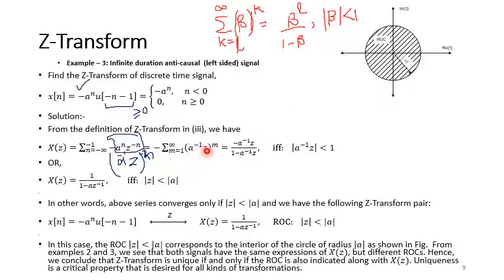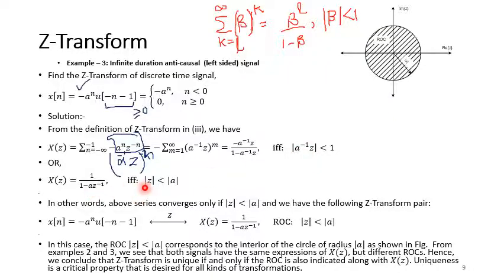Now looking at here, we have m running from 1 up to infinity, and a inverse of z is your beta. Because m is running from 1, instead of L we will have 1, and the minus is already there. So we can write it as minus a inverse of z upon 1 minus a inverse of z, provided that the absolute value of a inverse of z must be less than 1.